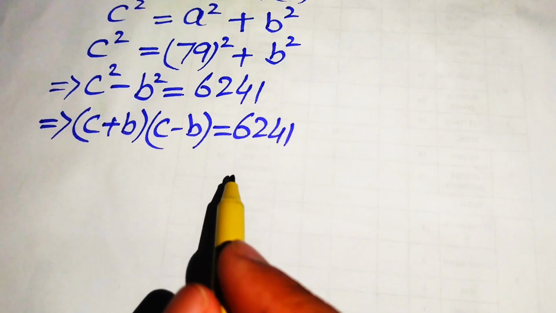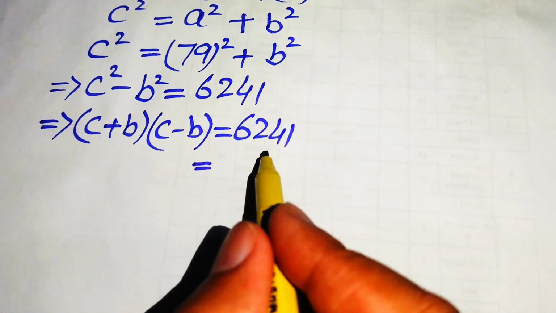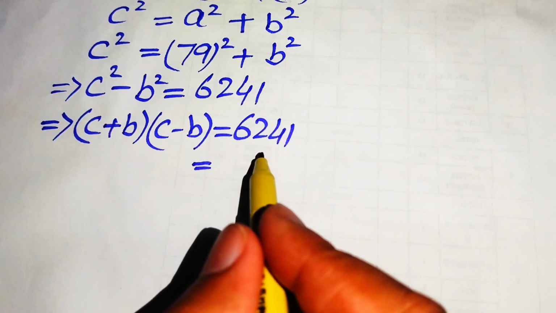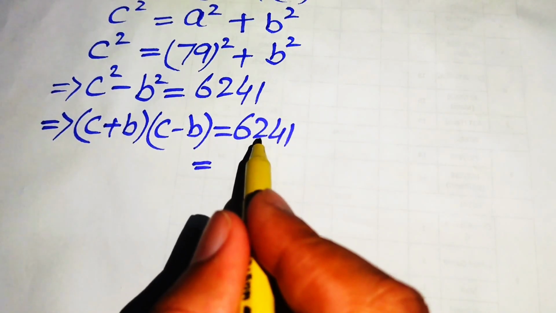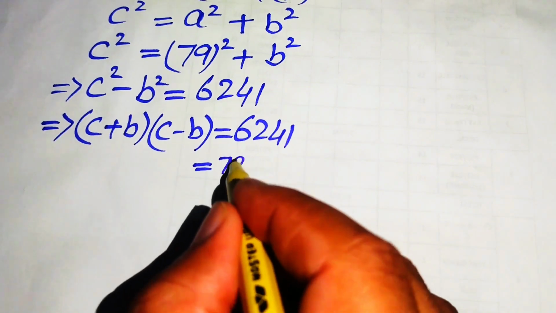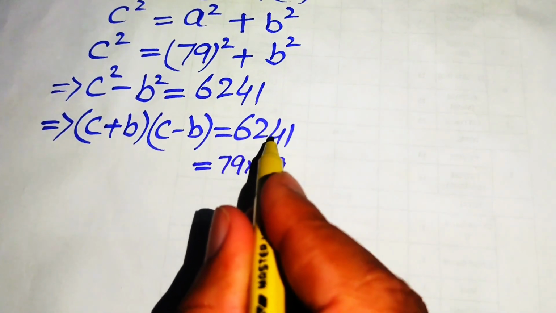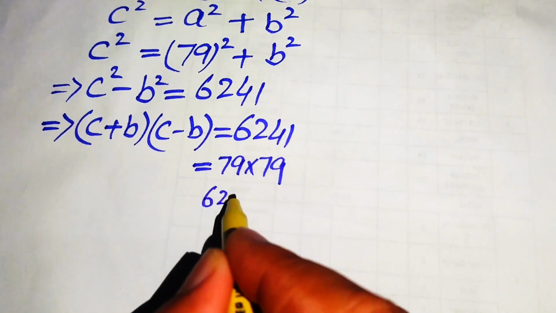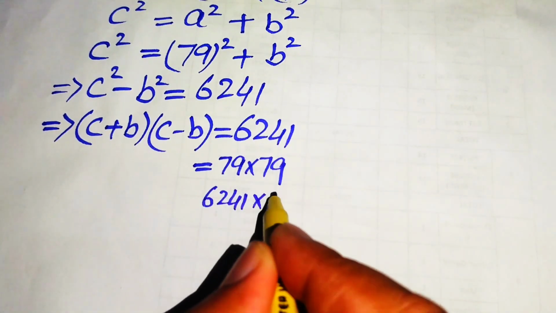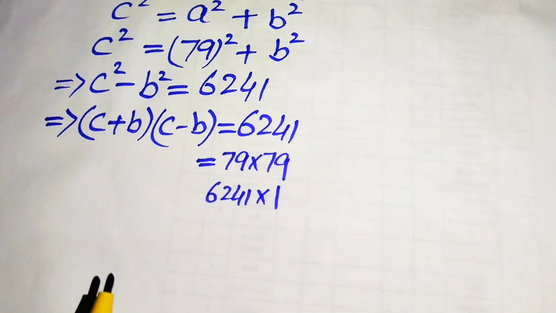We need two numbers whose product is 6241, and we have two possibilities. Our first possibility is we multiply 79 by 79, it equals 6241, and similarly if we multiply 6241 by 1, it will also equal 6241.